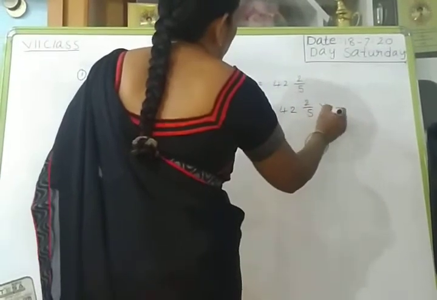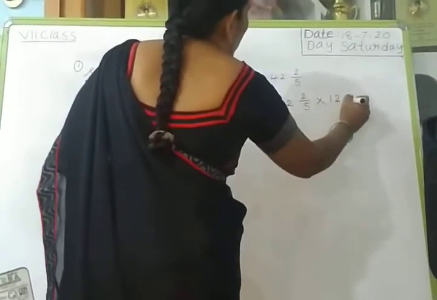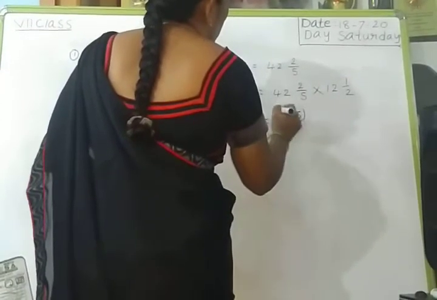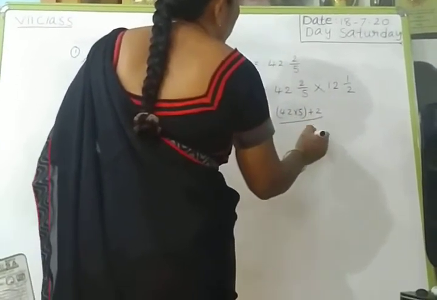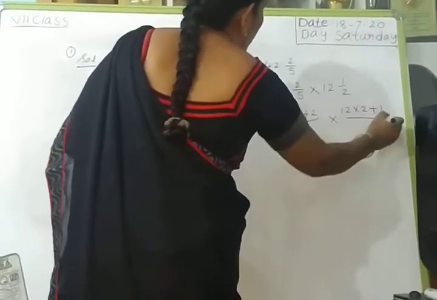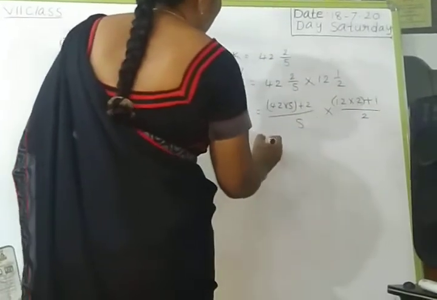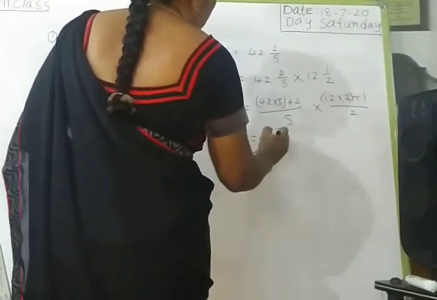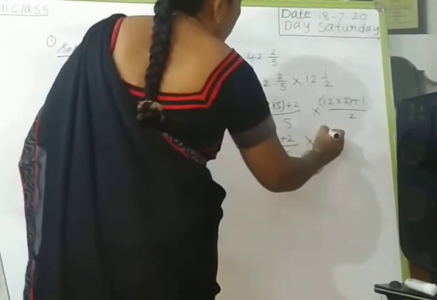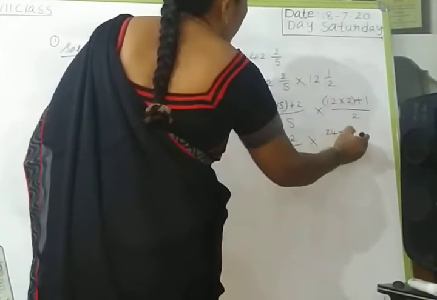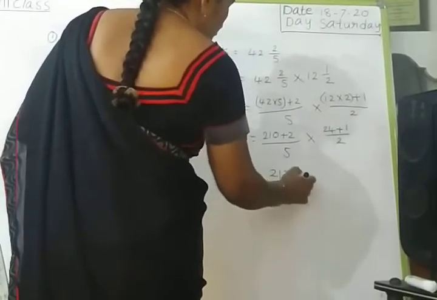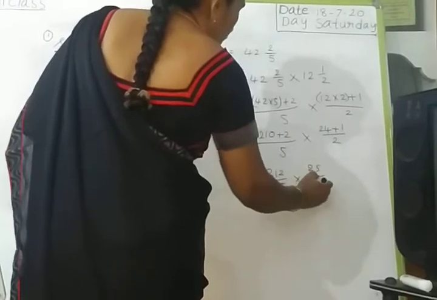42 2 by 5 into 12 1 by 2. So 42 into 5 plus 2 by 5 into 12 into 2 plus 1 by 2. 5 2s are 10, 5 4s are 20 plus 1, 21. 12 2s are 24 plus 1 by 2. 212 by 5 into 25 by 2.